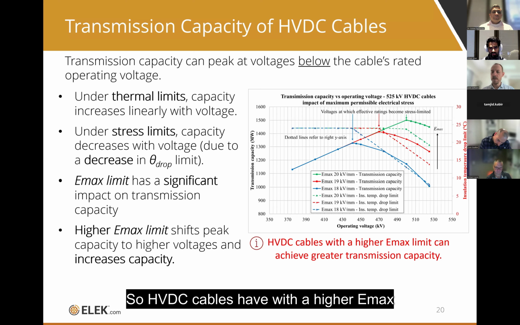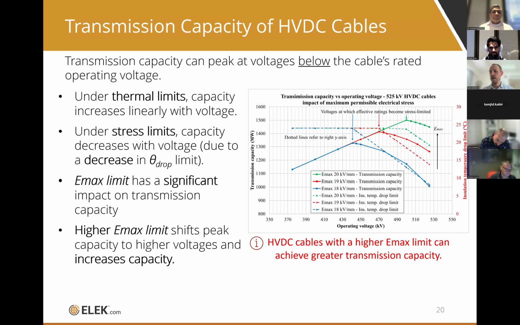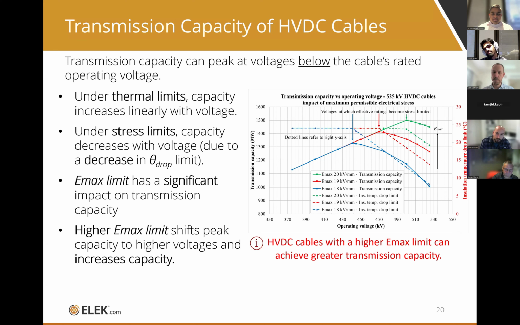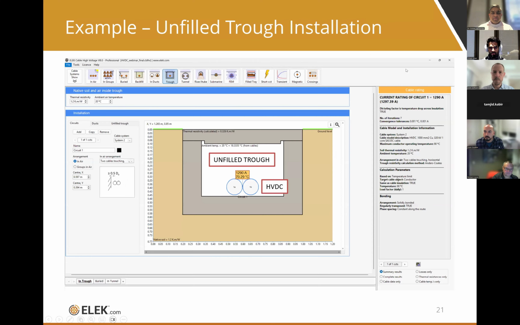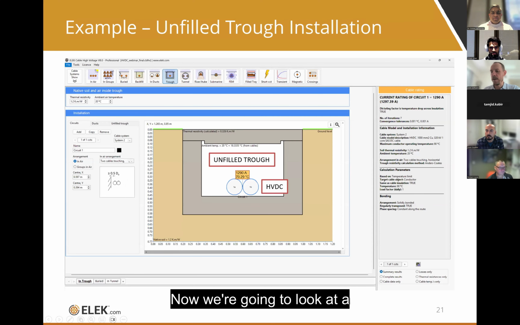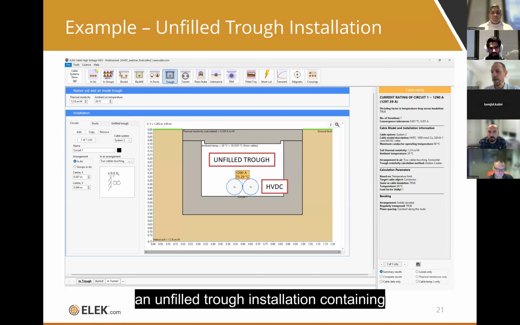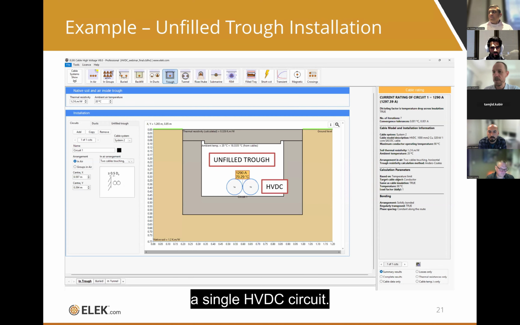So HVDC cables with a higher Emax limit can achieve greater transmission capacity. They become stress limited at a higher operating voltage. Now we're going to look at a worked example, an unfilled trough installation containing a single HVDC circuit.